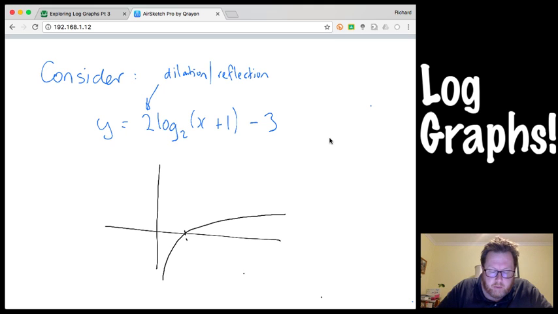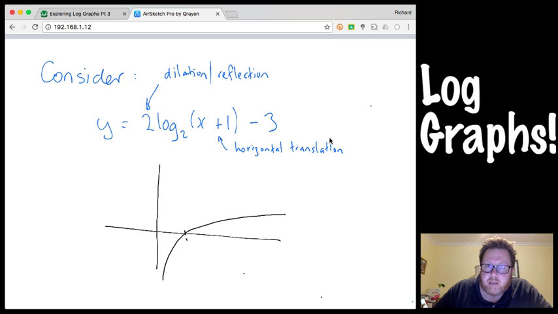What else have we got? We've got this plus 1 here. Remember, this is a horizontal shift or translation. Okay, and remember we always take the opposite sign.